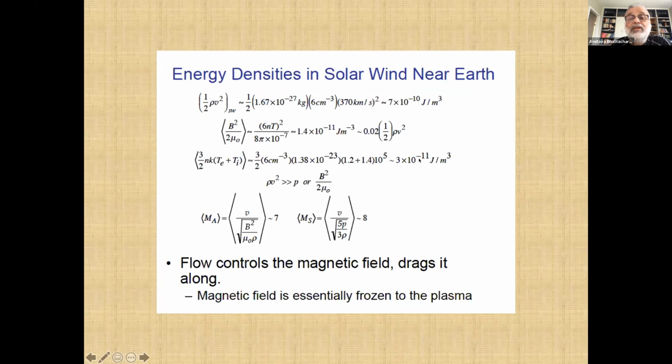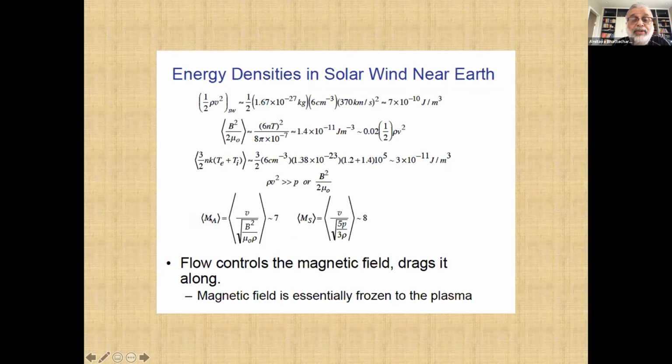that's about the same order. So the flow energy is by far so much greater than the pressure or magnetic field energy. The Alfvenic Mach number is about 7. And the Mach number with respect to the speed of sound, with 5/3 as gamma, is about 8. So both Mach numbers, interestingly enough, are comparable in the solar wind, primarily because the plasma beta of the solar wind is typically of order unity.